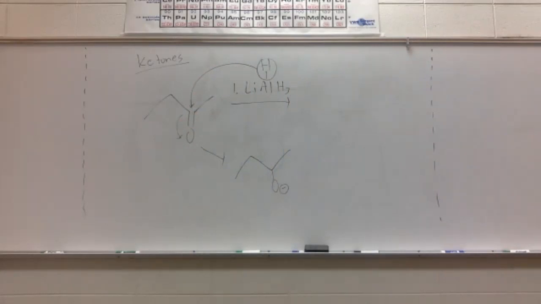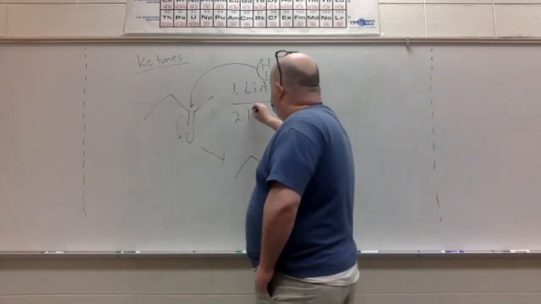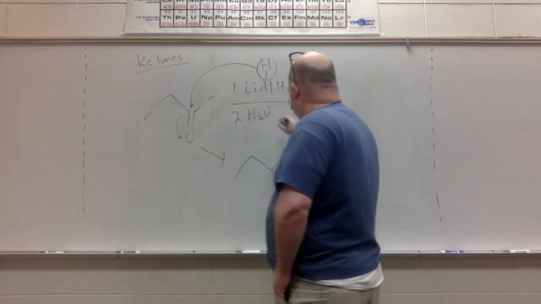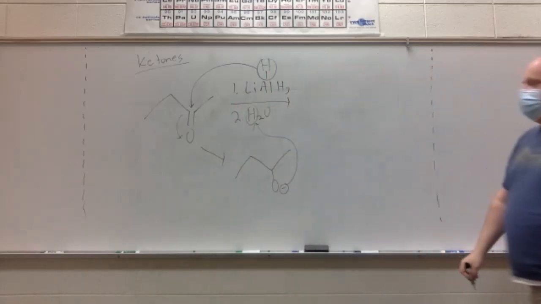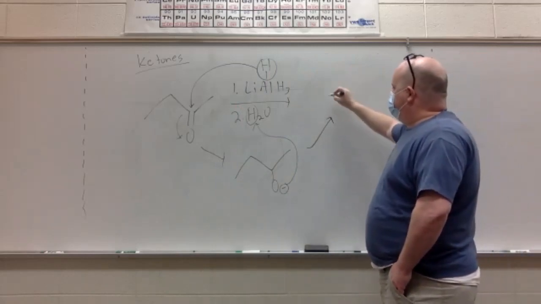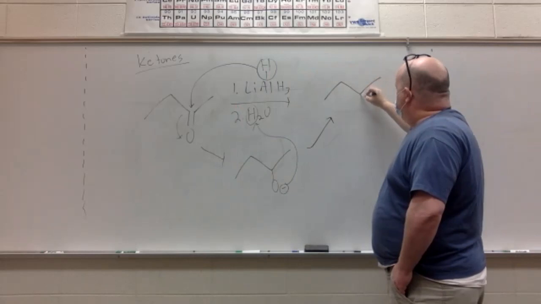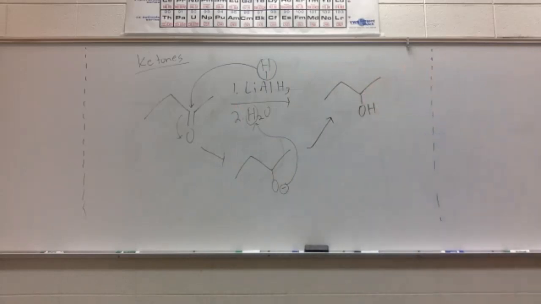You're going to get a negative O. Then you're going to have a proton source that comes in and protonates it. Yeah, the mechanism is exactly the same, no differences whatsoever.